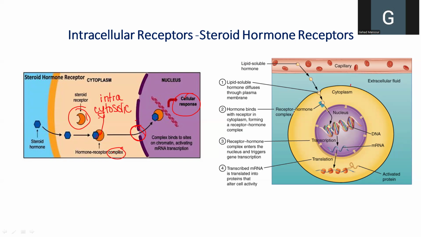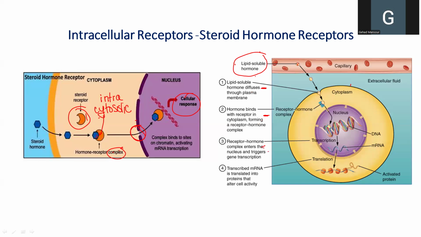This diagram shows the same, but here we have a lipid-soluble molecule coming from the blood. For example, a hormone coming from the suprarenal gland and being transported into the blood. So the first step is that it diffuses through the plasma membrane, helped by the fact that it is hydrophobic, and then it binds with a cytoplasmic receptor and forms a complex.